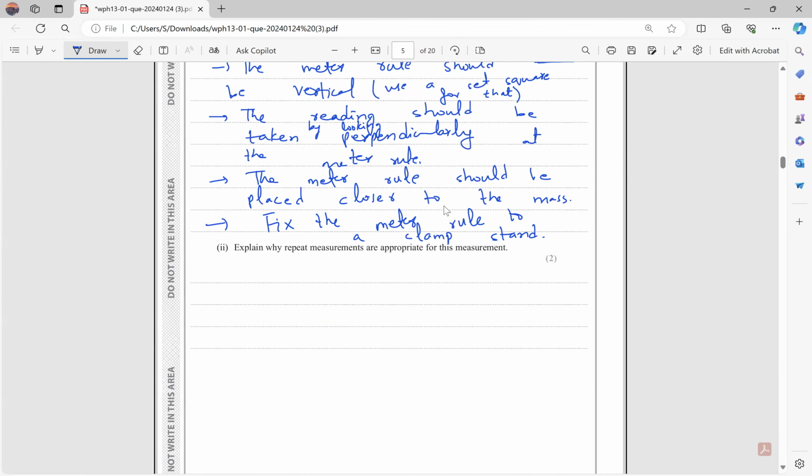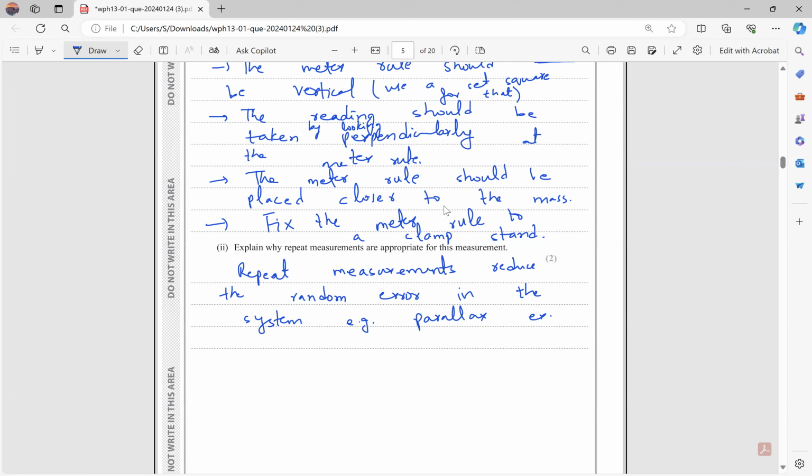So what repeat measurements do is reduce the random error in the system, for example, parallax error, by taking several measurements and calculating their mean.